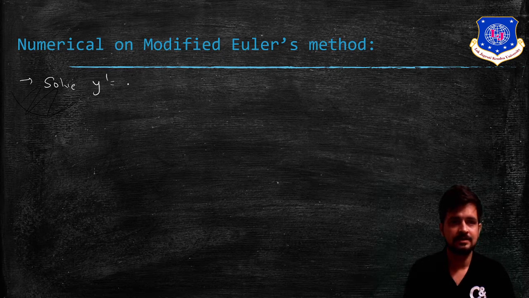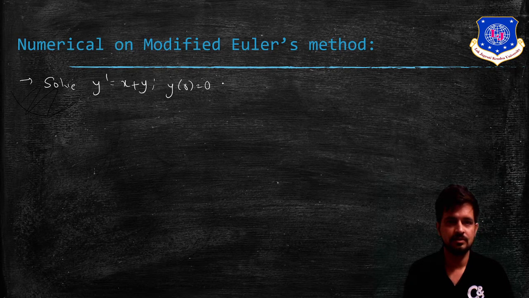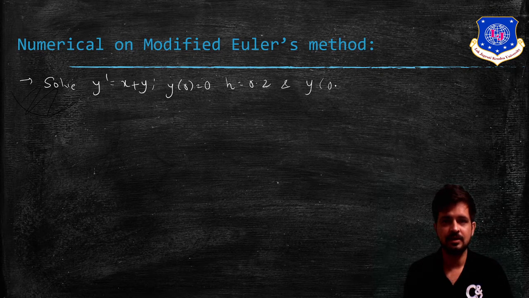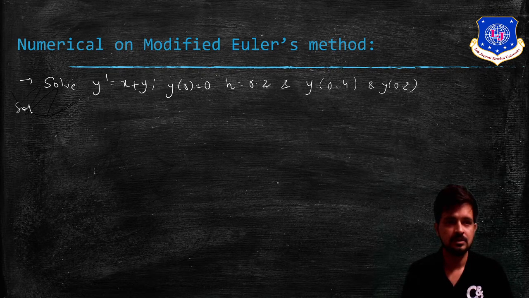Solve y dash is equal to x plus y, y of 0 equal to 0, h is 0.2, and we have to find the value of y of 0.2 and y of 0.4.